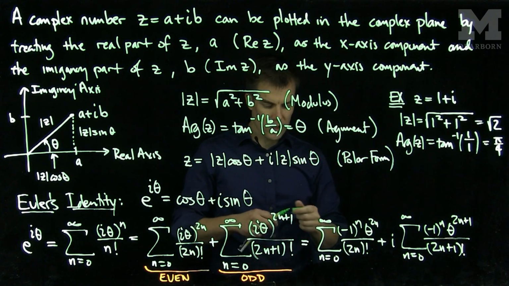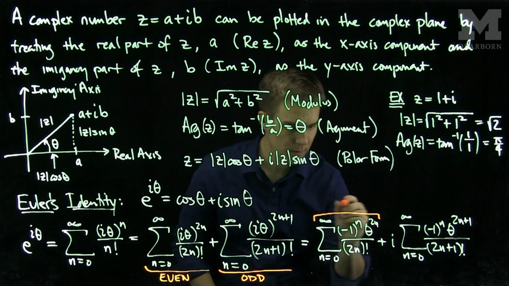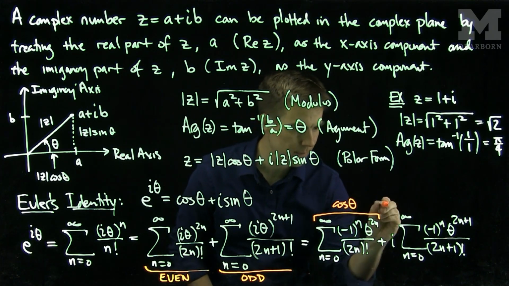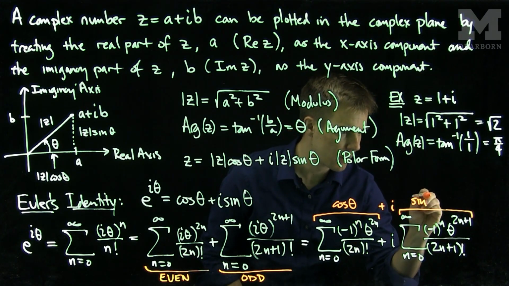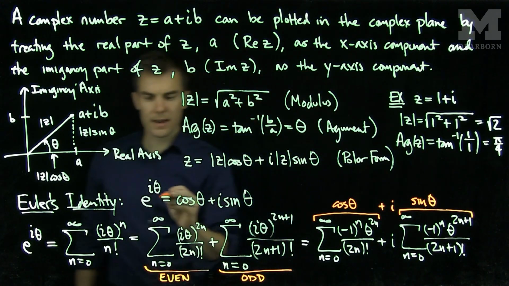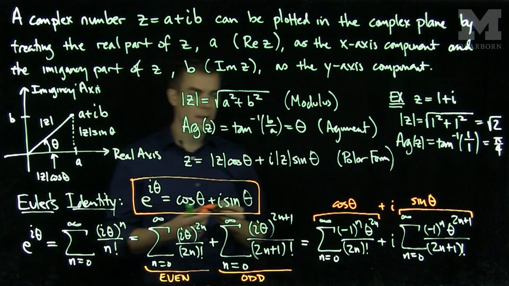And now we observe that this is exactly the Taylor expansion for cosine of theta, and this is the Taylor expansion for sine of theta, and that allows us to conclude that Euler's formula is true.